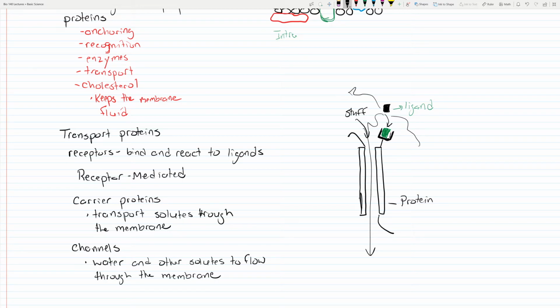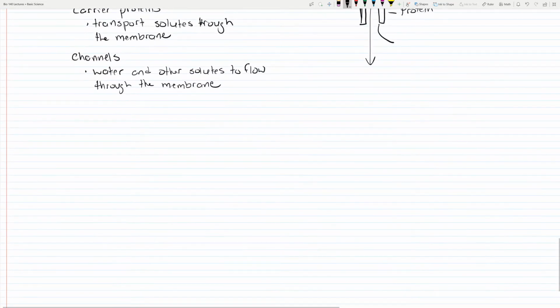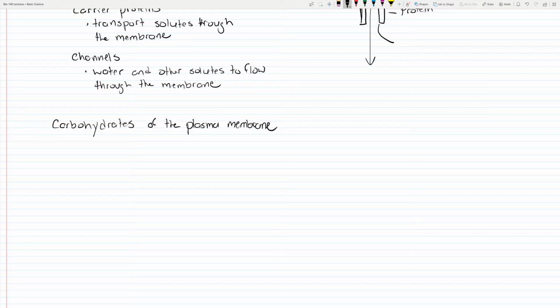There are also carbohydrates of the plasma membrane, and they form what's called the glycocalyx. Basically, this is a sticky sugar coat.